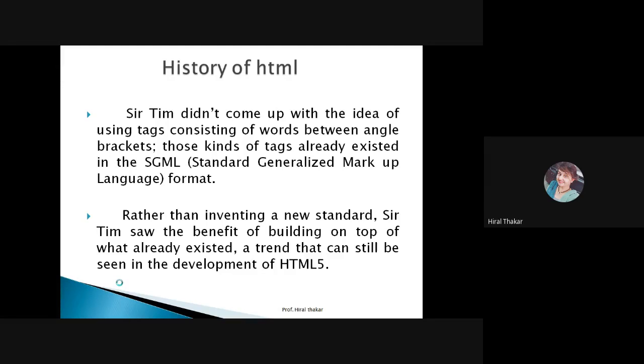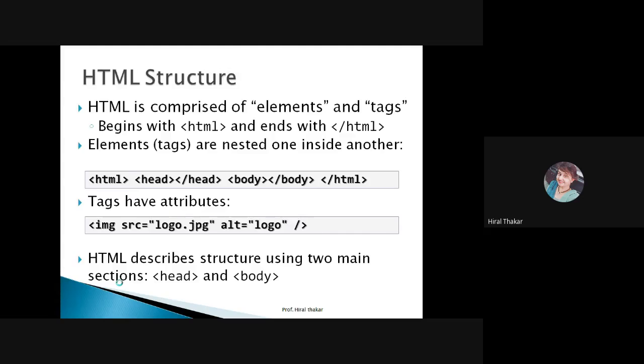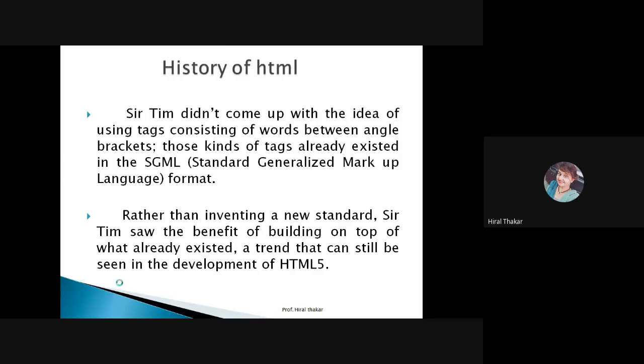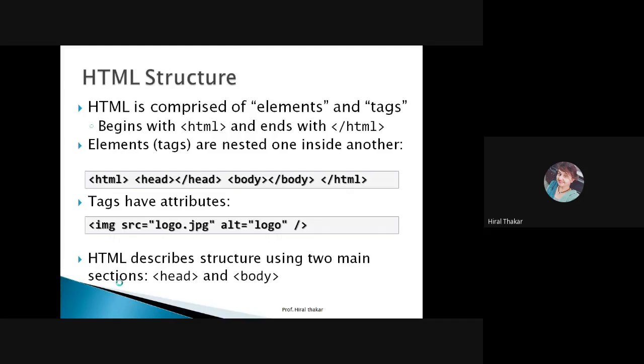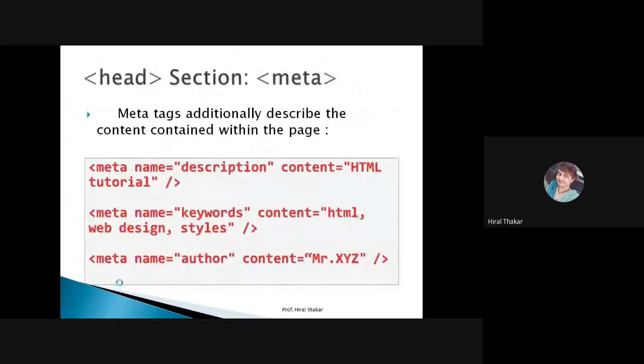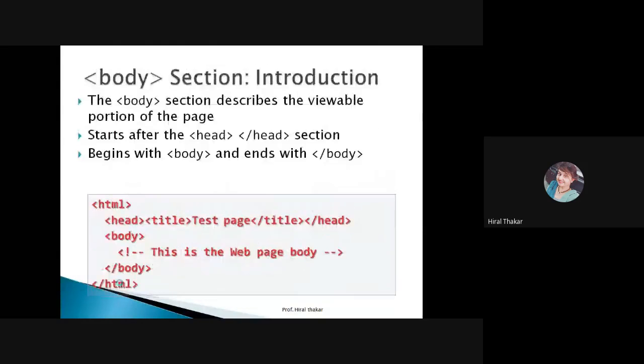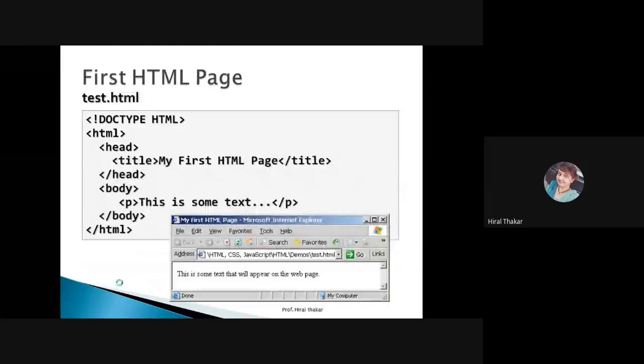So after that, next versions of HTML came into existence. Before we move into HTML5, we will study a few things about the previous versions of HTML. How many versions were there? I have mentioned one entire list over here.